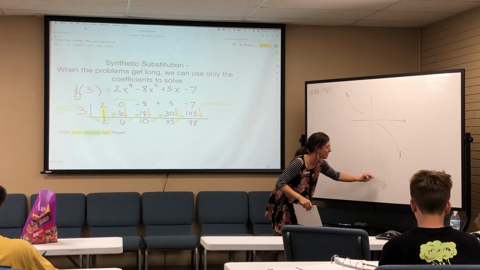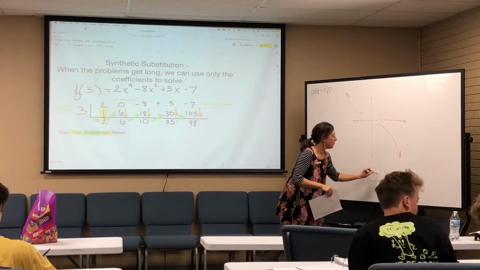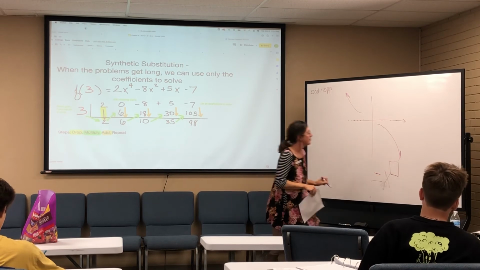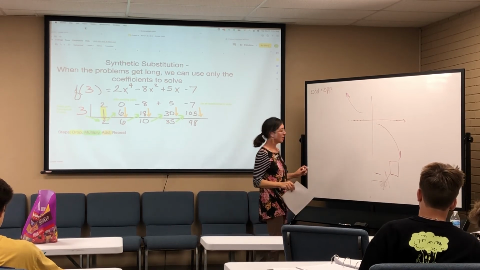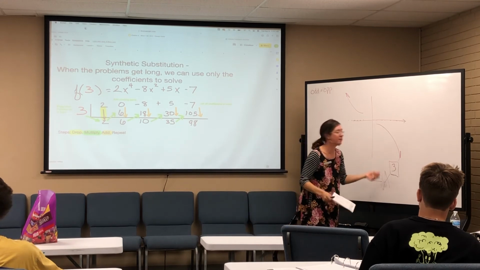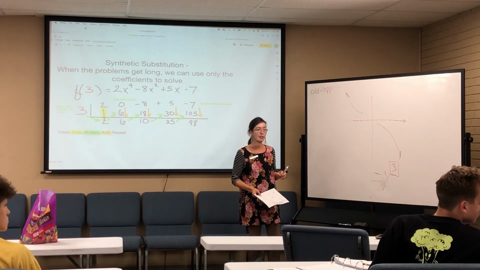So my coefficient has to be what? Negative. My exponent has to be what? Odd. Odd. Could be 3, 5, 7. Anything else? Does that make sense?